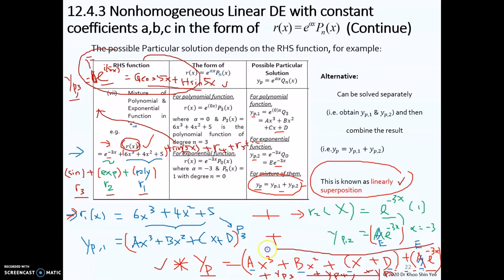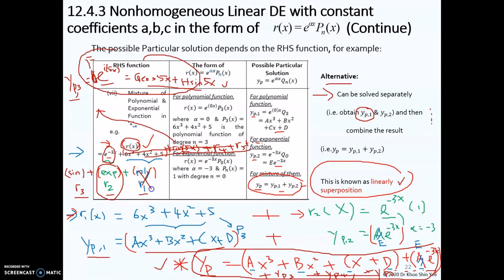So you can see that the Yp equation is very long sometimes. As an alternative, we can solve it separately. For example, we can focus on the R1 and solve for the corresponding Yp1. Then once you obtain the Yp1, we will focus on the R2 and eliminate the other R. By doing this, we will obtain the Yp2 only.